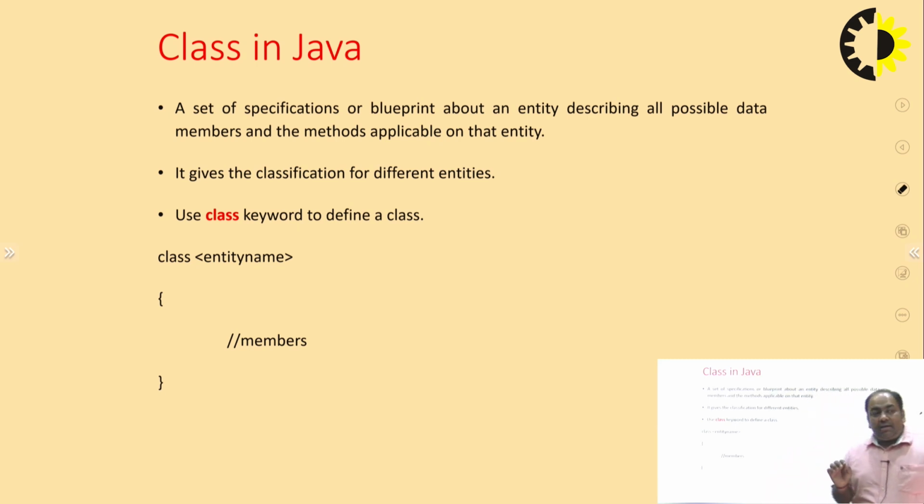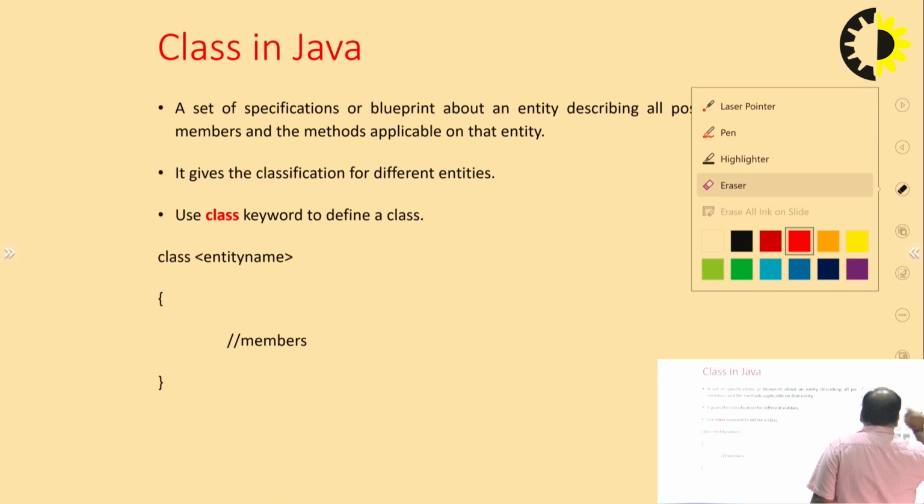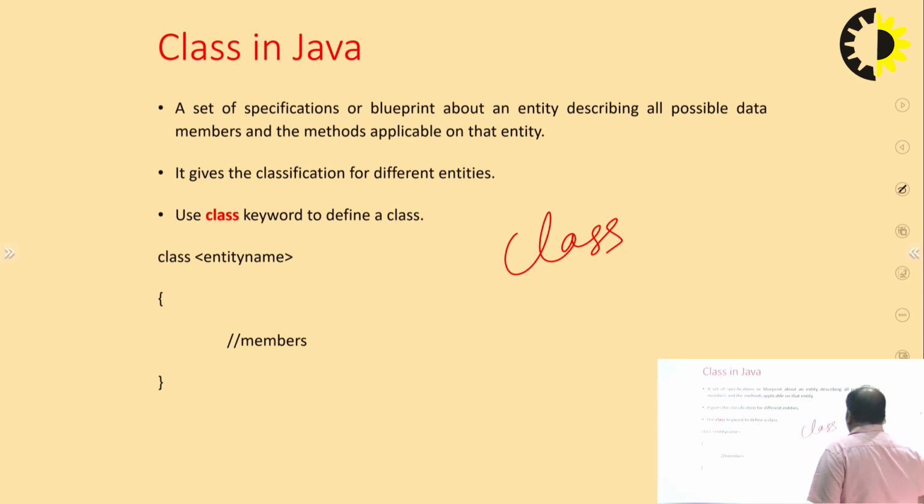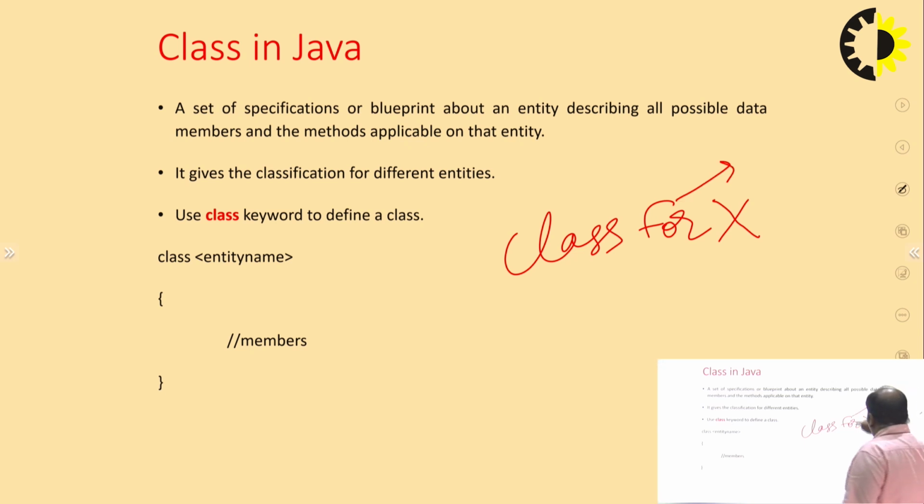But Java is a case sensitive language. So for example, if we write class for, this is the wrong definition of class, because in this we use for in small caps.